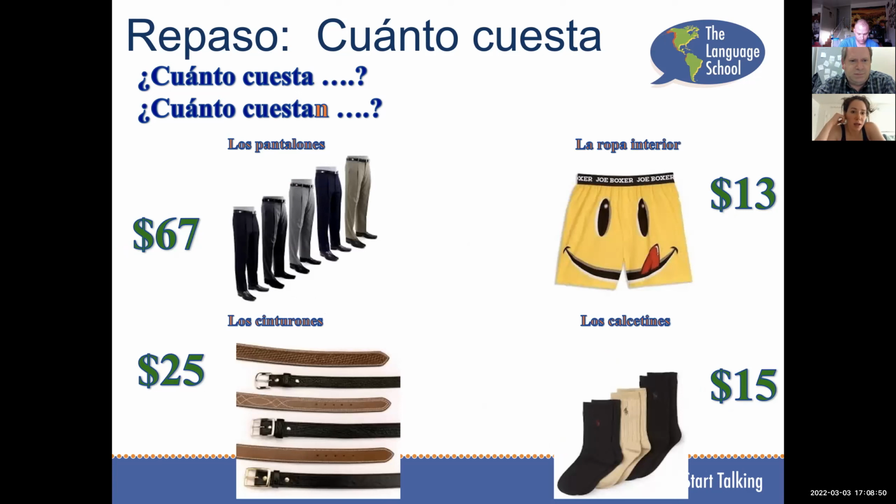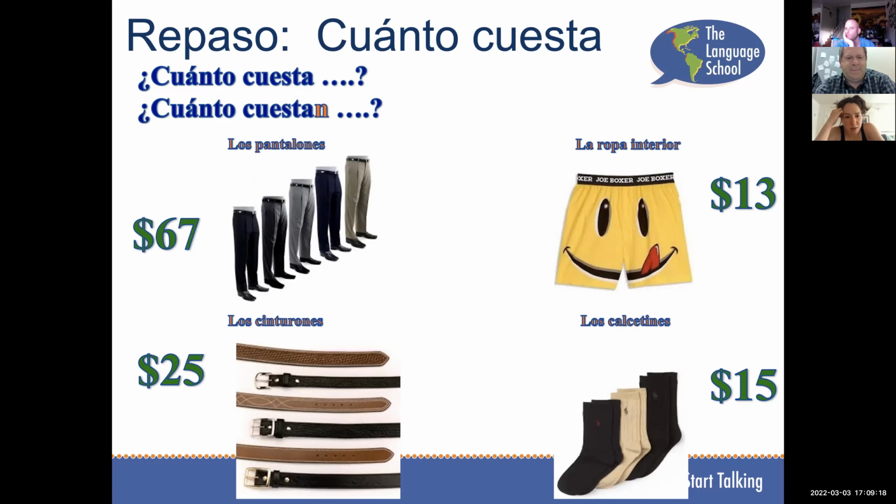¿Cuánto cuestan los pantalones? Los pantalones cuestan $67. ¿Cuánto cuestan los cinturones?